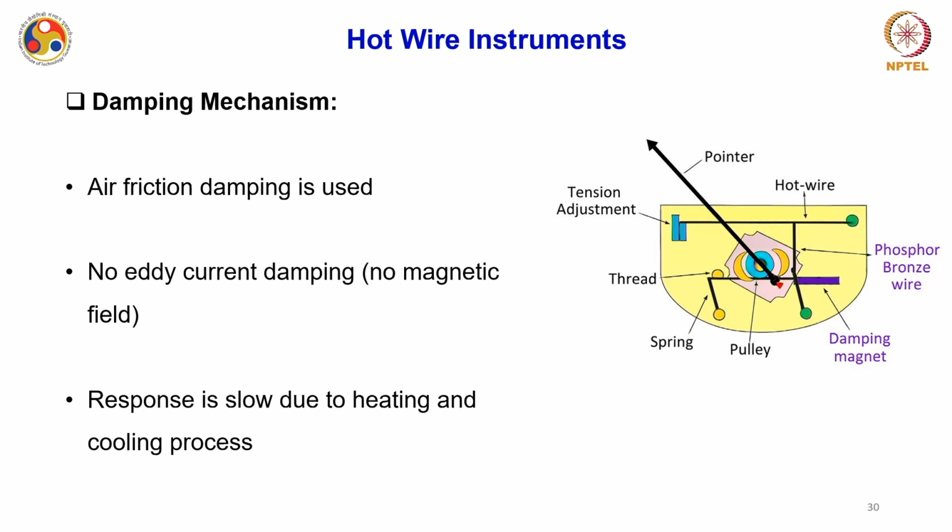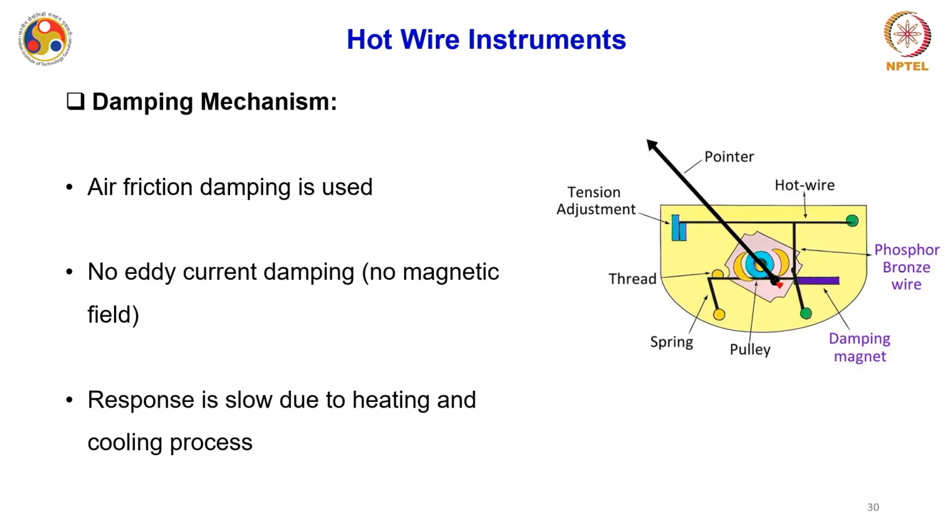Even if you try to provide eddy current damping by providing an external metal sheet where the eddy currents can form, the problem will be that it will make the system more bulky and may not be that helpful because you are using silk thread, which is again non-conducting in nature. So there is no chance of having eddy current damping, and mostly it will depend on air friction damping. Therefore the response is slow.